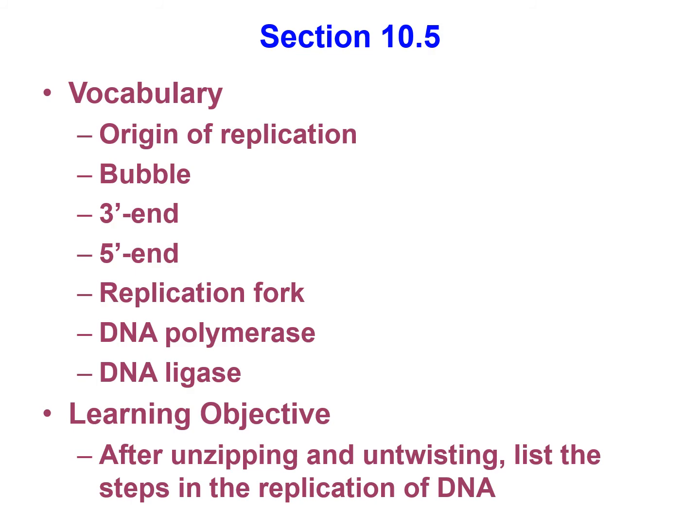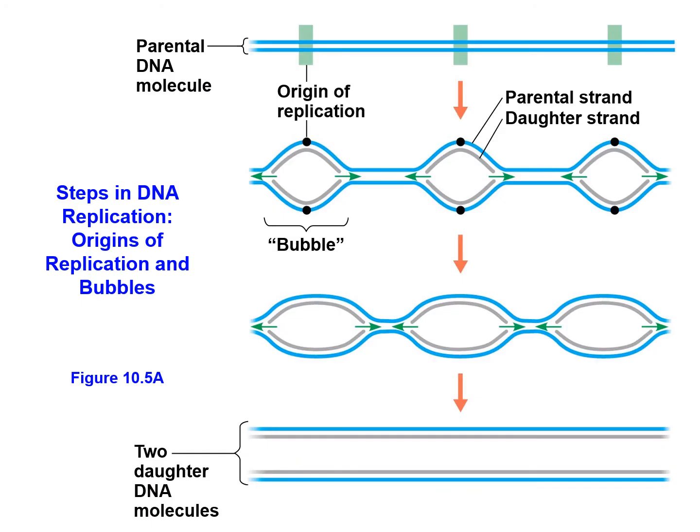Okay, so DNA is pretty long. And in each piece of chromatin, it can be tens of thousands of nitrogenous bases in order. And so you have to replicate the whole thing. And it doesn't just start on the top and go all the way to the bottom, or start on the bottom and go all the way to the top.